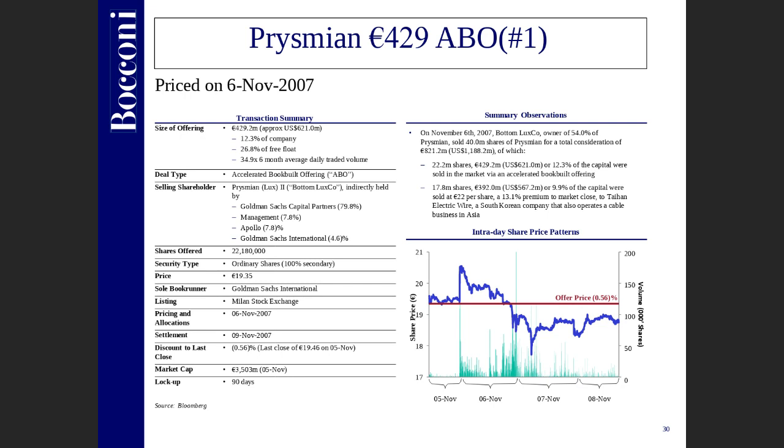So here you have an accelerated book building offering, which means an offer that in size is important because it's 430 million euro, 22 million shares, executed in only a few days, offered to the market at a slight discount, 0.56%.